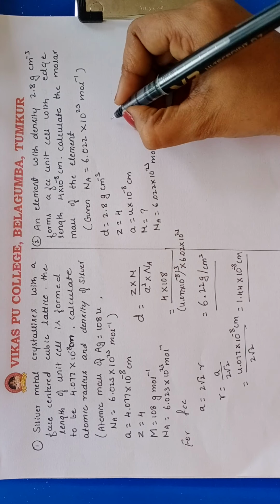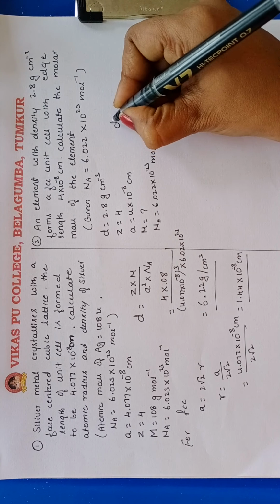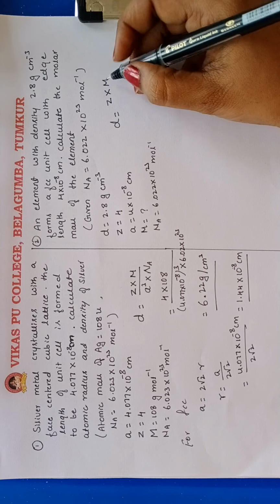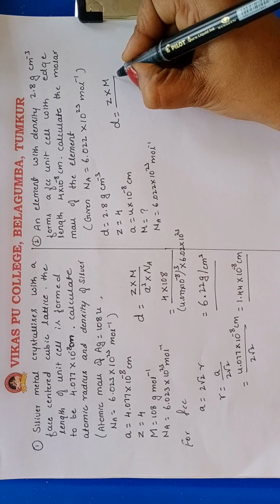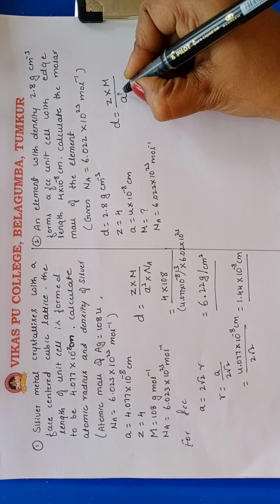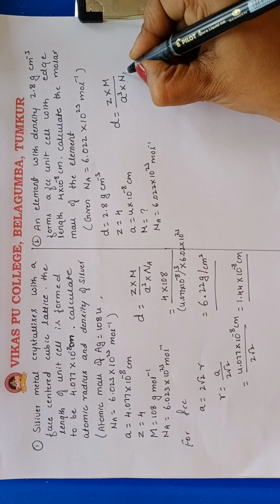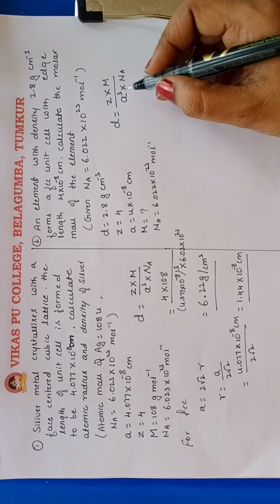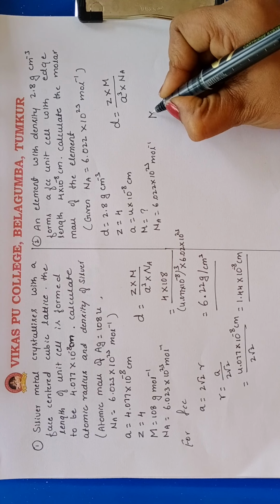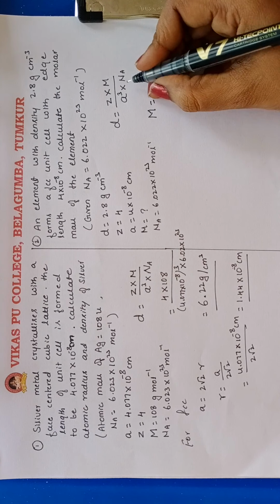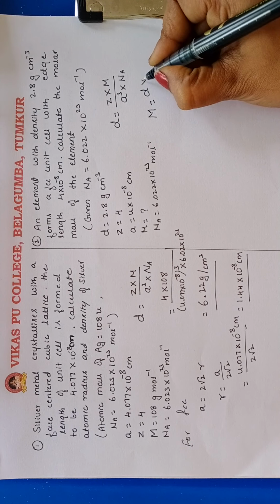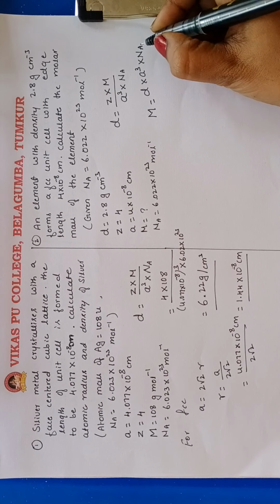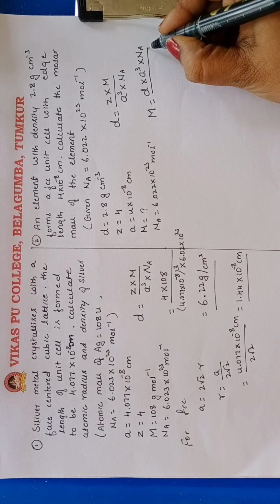Take the formula D = Z × M divided by A cube × Avogadro's constant. Rearranging, since we need M, M = D × A cube × Na divided by Z.